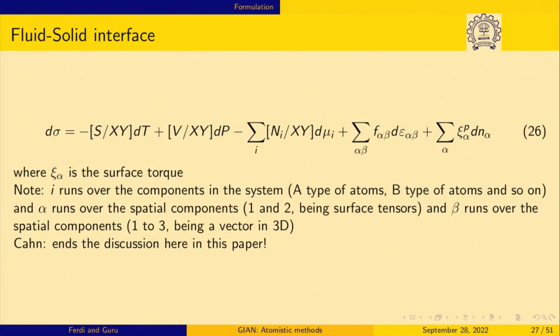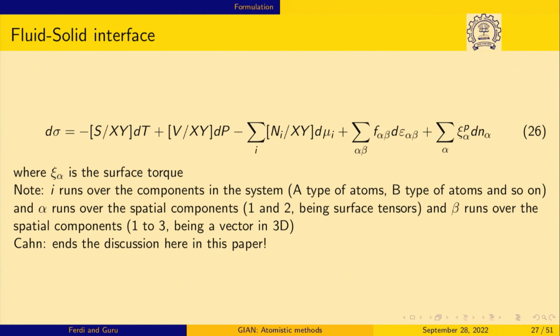Now, we know that we can not only keep the S, V, N, I constant, but any of these quantities as constant, and we can do the calculation. Of course, in the simulations we still did it the easy way, where we took one interface at a time, 1 0 0, 1 1 0, 1 1 1 and so on.